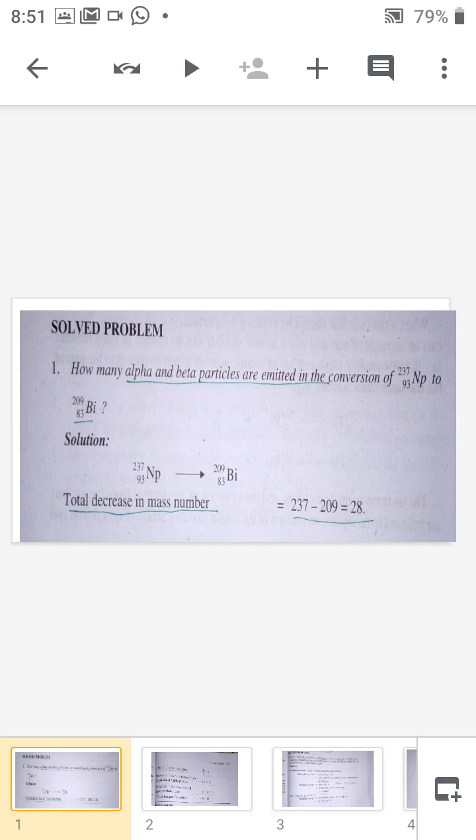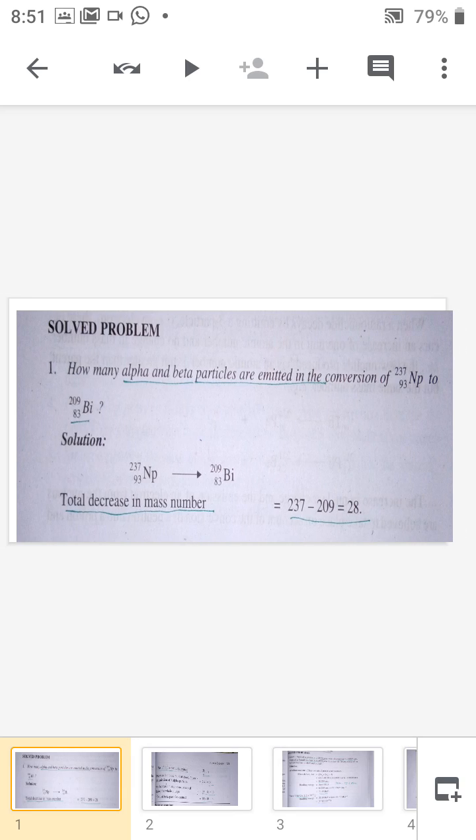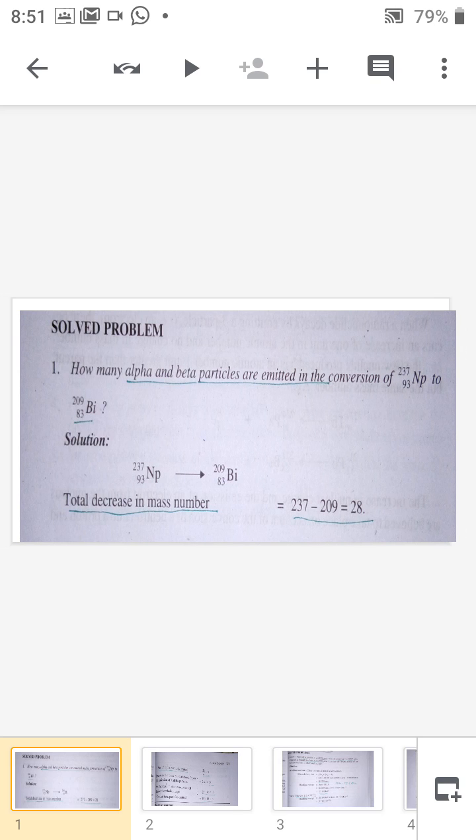So, for this, first of all, we have to note the question. We have to find out the number of alpha and beta particles emitted during the conversion, neptunium 237 to bismuth 209.